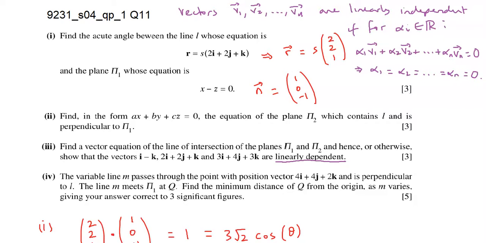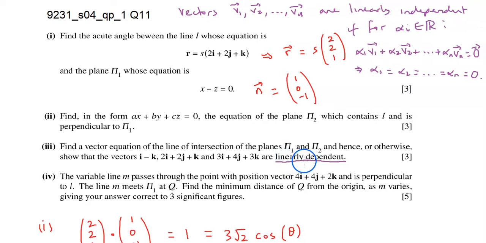So the only way you can write the sum of these vectors times constants, whatever constants you like, to equal the 0 vector is if all these constants are equal to 0. So that would make the set v1 to vn linearly independent.